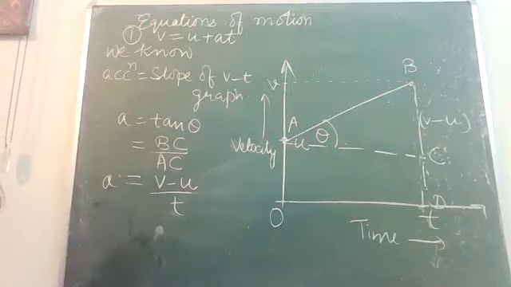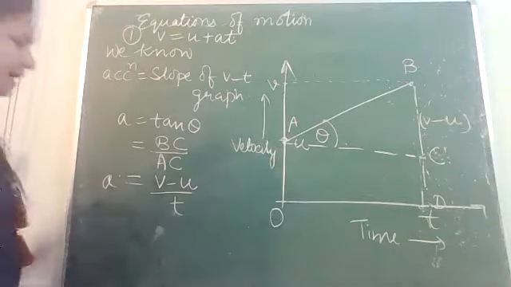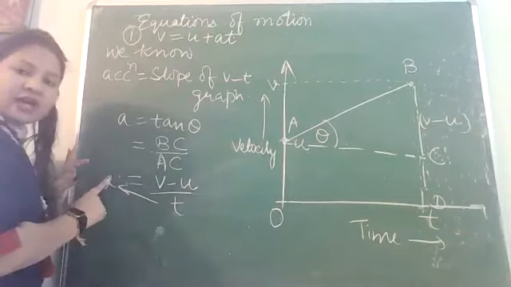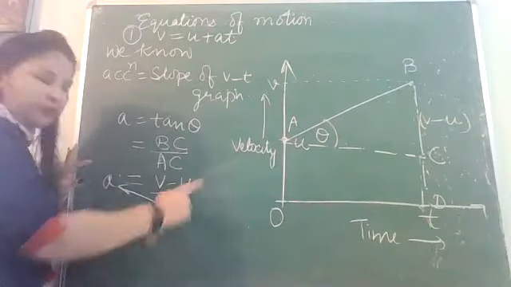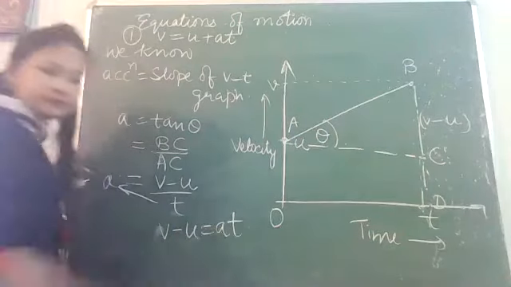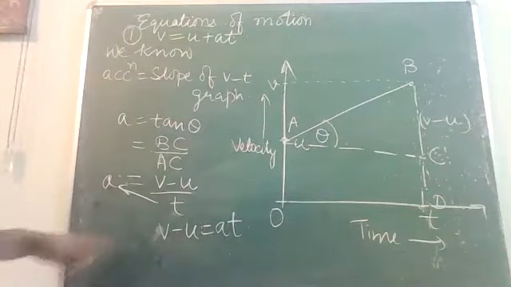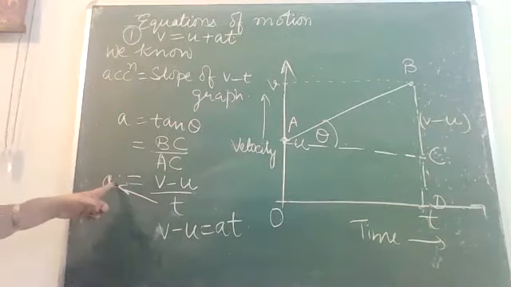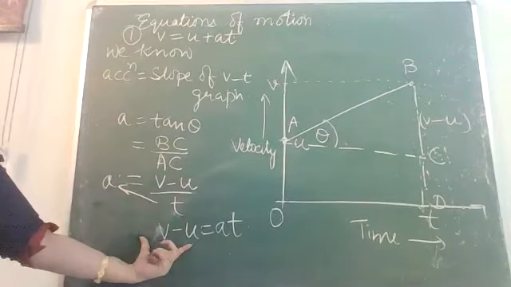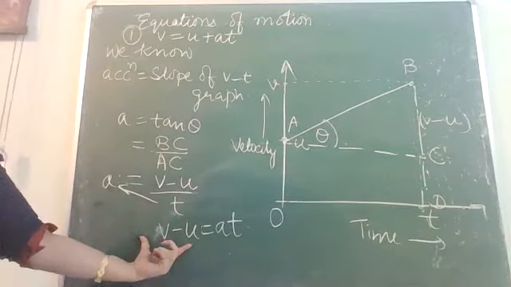After that we will do some mathematical steps. We will cross multiply it. AT will come on the other side, V minus U. So you have V minus U equal to AT. Got this? This T will cross multiply and we will get AT, and this side we will have V minus U. I hope this step is clear.